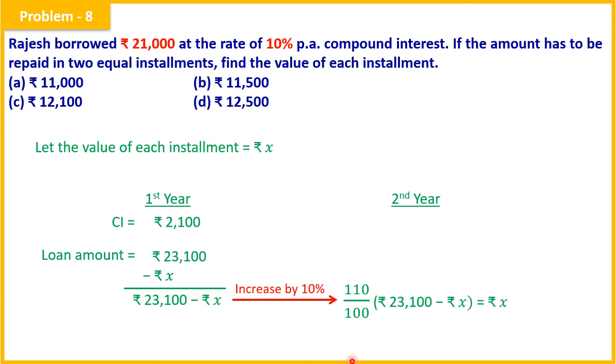So I can equate this with x. Solving this particular expression you can calculate x, which comes out to be rupees 12,100. It means if he pays 2 equal installments of 12,100 he can repay his complete loan of 21,000 rupees.